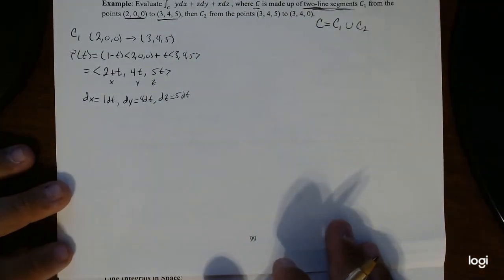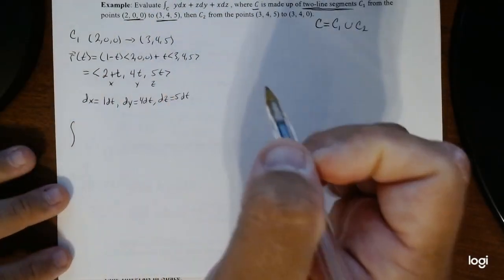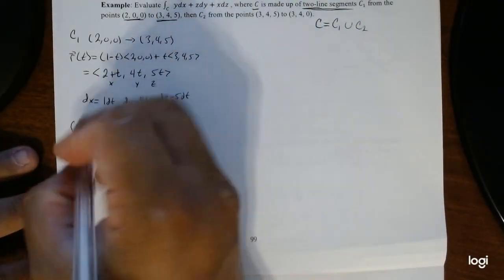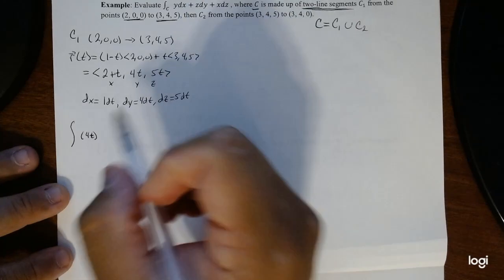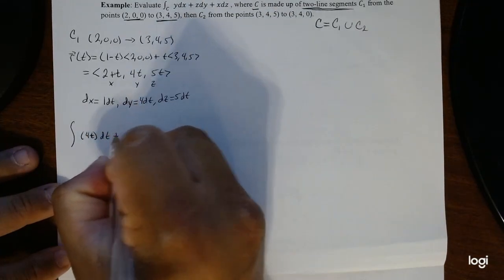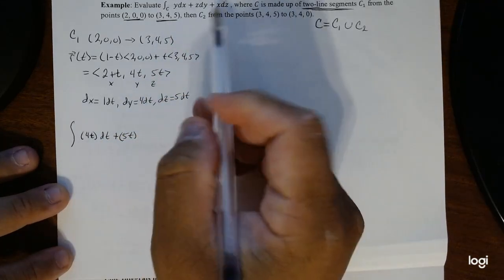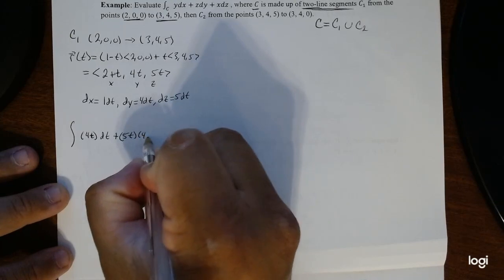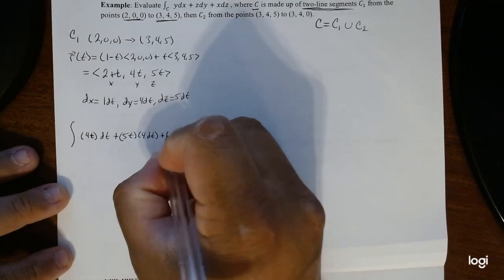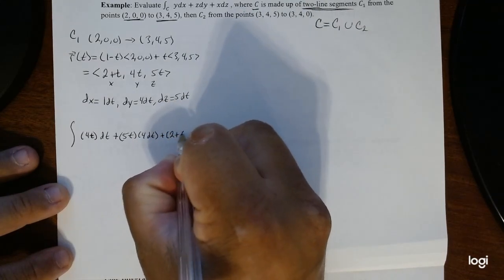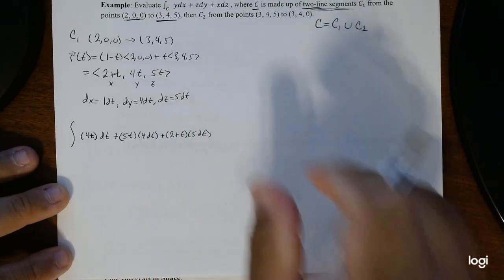All right, so now we're going to take the integral of this curve going from y dx, so y is 4t, so 4t times dx, which is just dt, plus z, so 5t times dy, which is 4 dt, plus x, which is 2 plus t times dz, which is 5 dt.